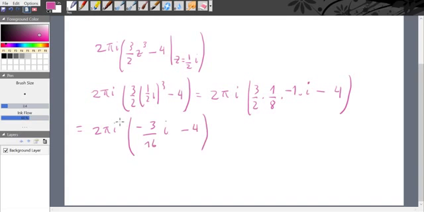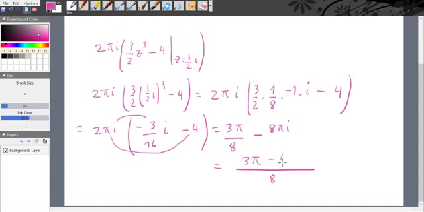Multiplying this with this and this with this, we get 3 pi over 8 minus 8 pi i, which then equals 3 pi minus 64 pi i.